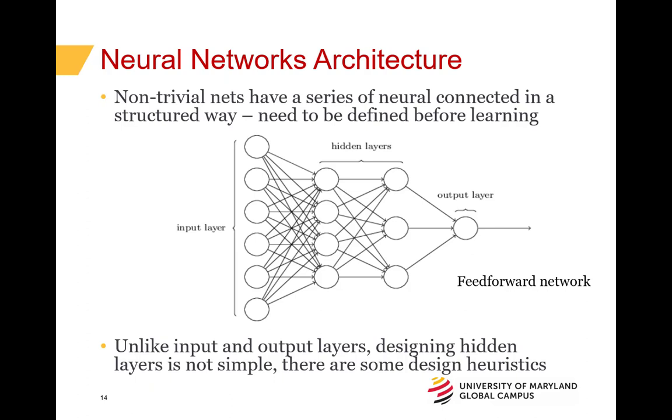So it is not trivial, and that is partly what makes training neural networks more challenging. So here we have inputs. The number of neurons in the input layer is dictated by the number of variables you have in your data set. That's more or less set.